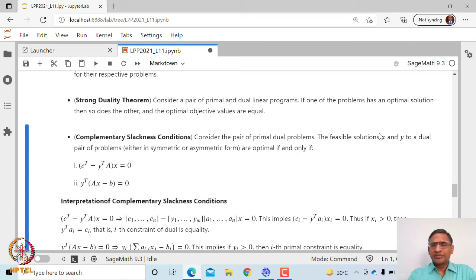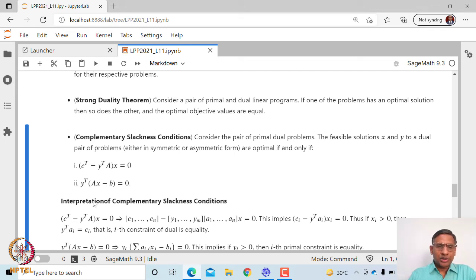So x is a feasible solution of the primal, y is a feasible solution of the dual. In any form, either symmetric form or asymmetric form, they are optimal if and only if the following conditions are satisfied. The first condition is C transpose minus y transpose A x is equal to 0, and the second one is y transpose times (Ax minus b) is equal to 0.